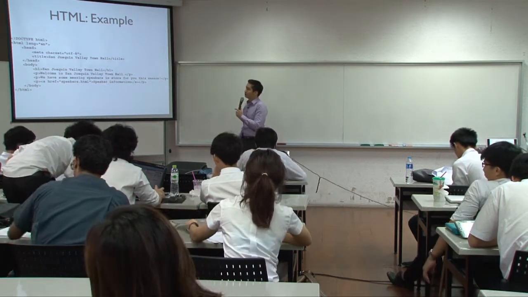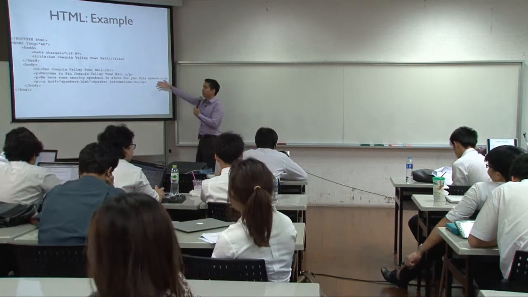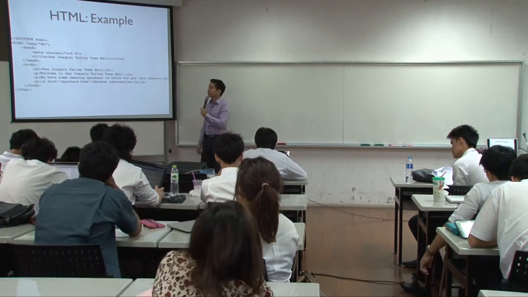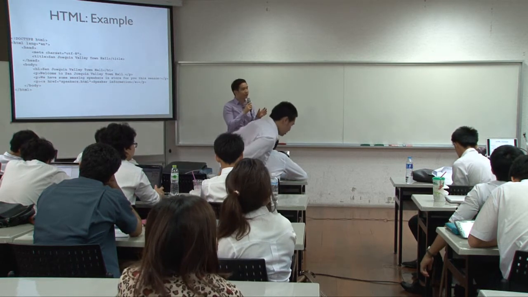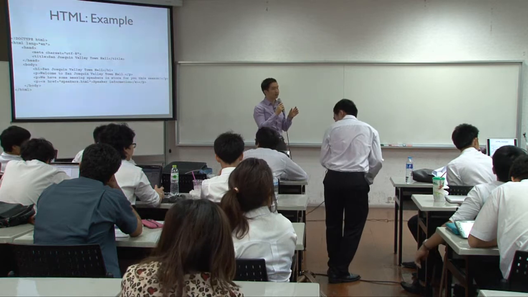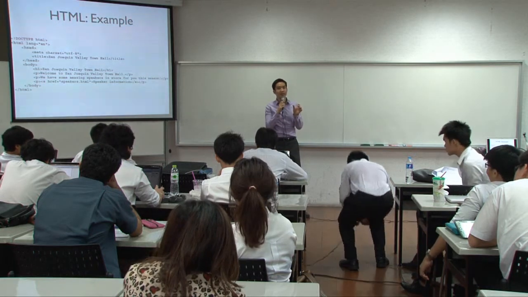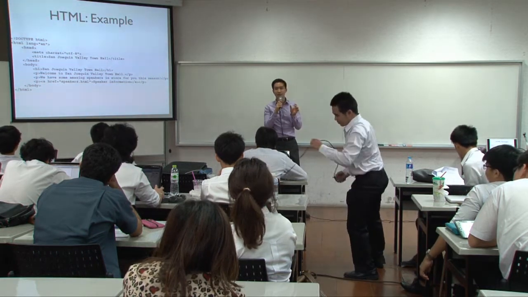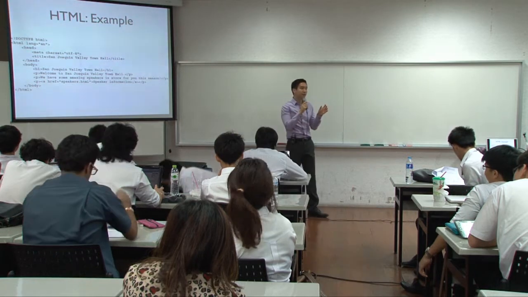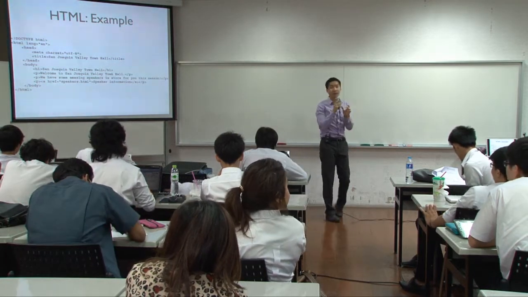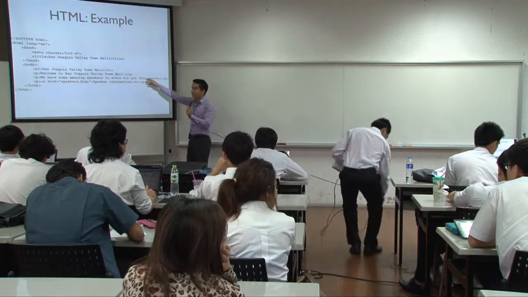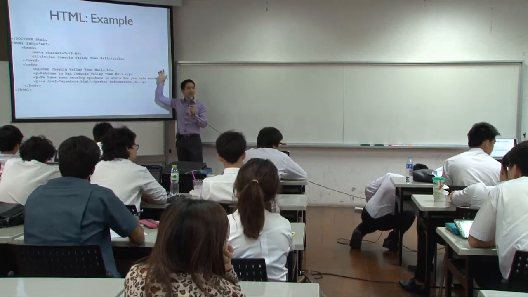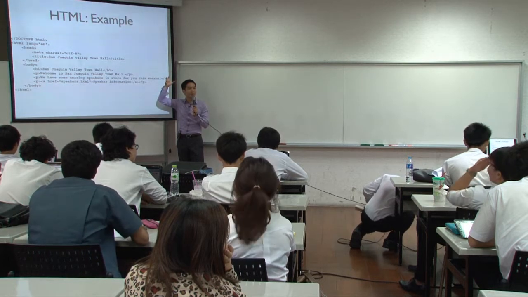For example, let's take a look at this line right here: Welcome to San Joaquin Valley Town Hall. And we choose to use the P tag there. Does anyone know what the P tag stands for? Paragraph. So we are simply denoting that this line is supposed to stand for a paragraph.